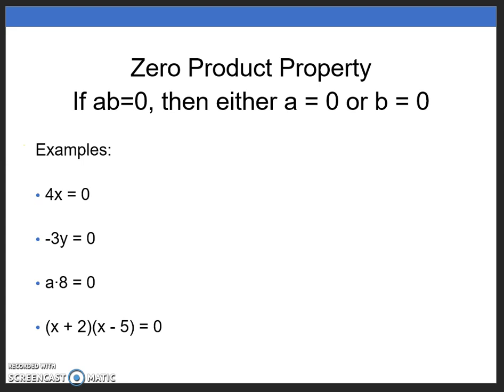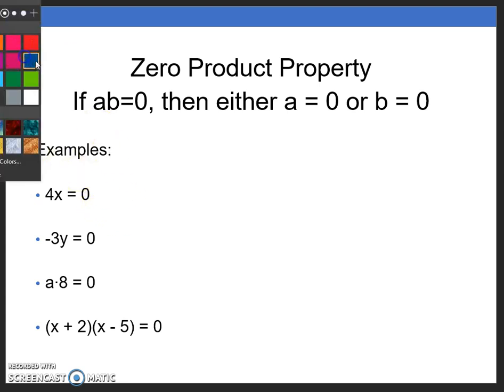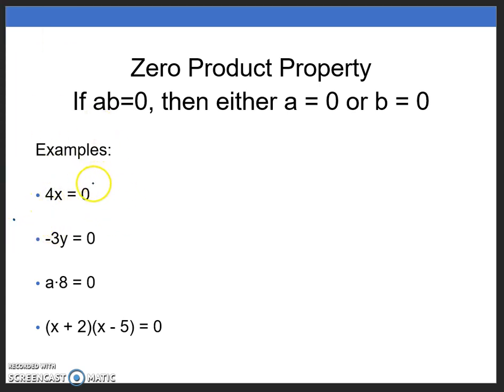So for example, if I had 4x equals 0, that means x would have to equal 0 because 4 times 0 equals 0. If I had negative 3y equals 0, then y has to equal 0 because negative 3 times 0 equals 0. If it's a times 8 equals 0, then a is equal to 0 because 0 times 8 equals 0.